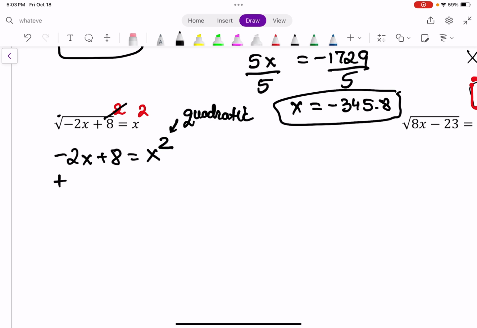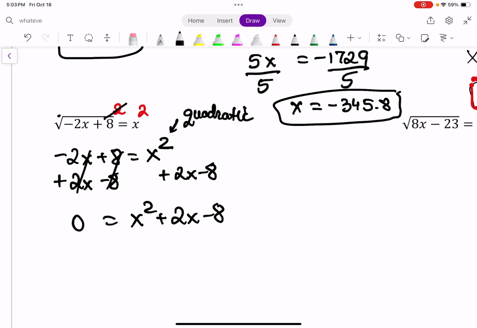Well, we've learned in chapter 3, not long ago, that to solve a quadratic equation, you want to move all terms to one side of the equal sign. It has to equal 0. And once it equals 0, you're going to try and factor if you can. If not, you can use the quadratic formula.